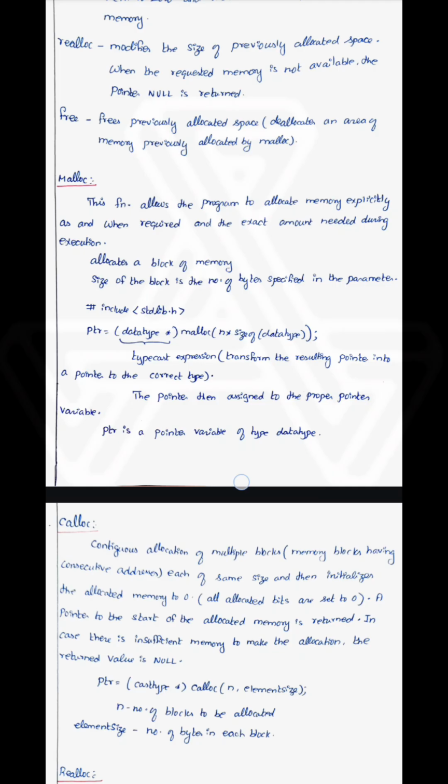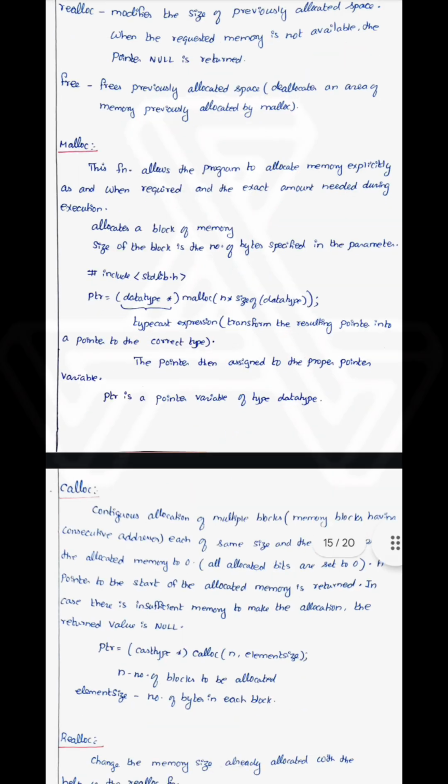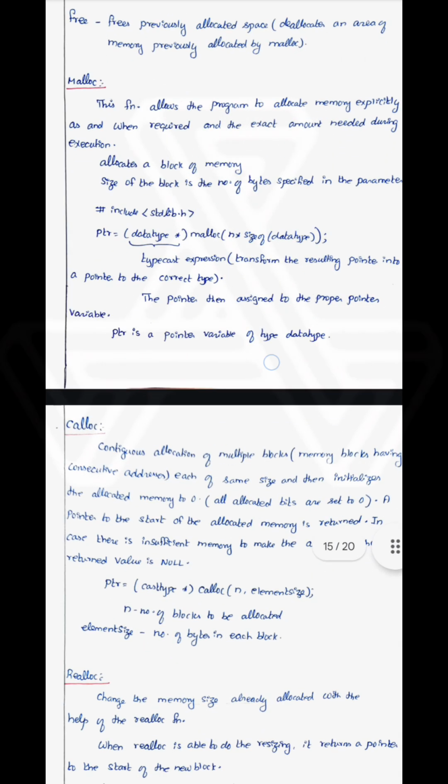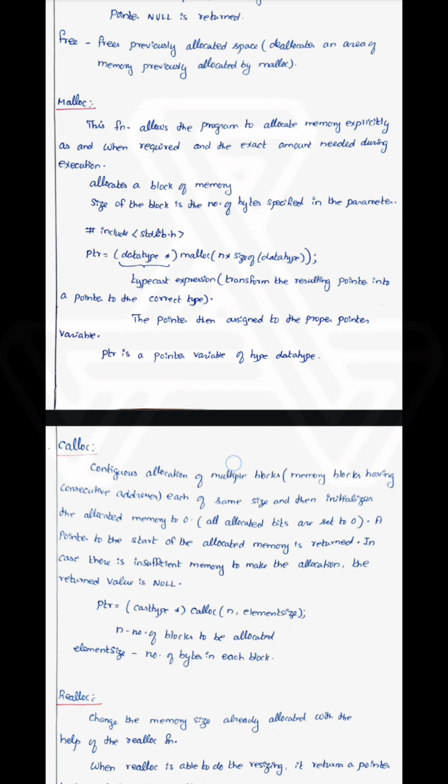Malloc: this function allows a program to allocate memory explicitly as and when required, and the exact amount needed, during execution. It allocates a block of memory. The size of the block is the number of bytes specified in the parameter. Include stdlib.h.